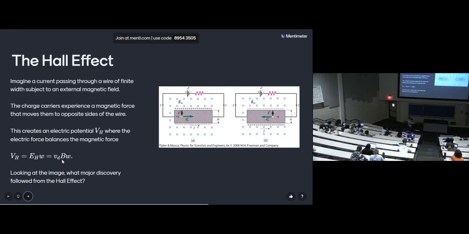Once this comes into equilibrium, the force due to an electric field has to be equal and opposite to the force due to a magnetic field, and we get that E_H is equal to velocity times magnetic field strength. This comes back to what I said about the velocity selector. Same kind of thing: you want the electric force to be equal to the magnetic force, and that happens when the electric field is equal to the velocity of the charged particle times the magnetic field strength.